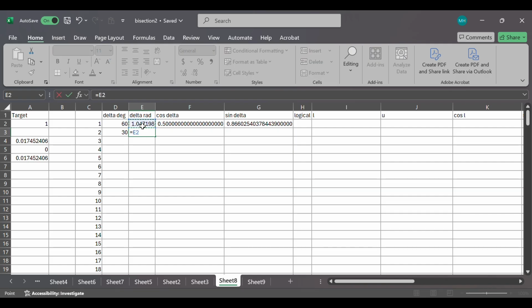The half angle formula for cosine is equal to the square root of 0.5 times the quantity 1 plus the lagged value of cosine.